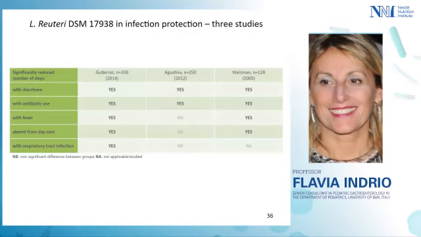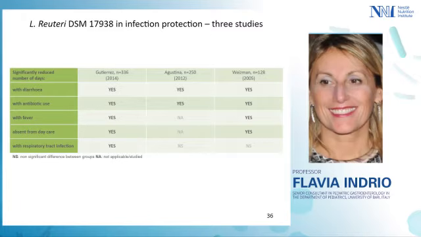These three randomized double-blind controlled studies were done over the last 15 years. The first was done in 2005 by Professor Weizman, and he checked the number of episodes of diarrhea, antibiotic use, fever, and absence from daycare, and they were all less in the babies that were supplemented than in those on placebo.